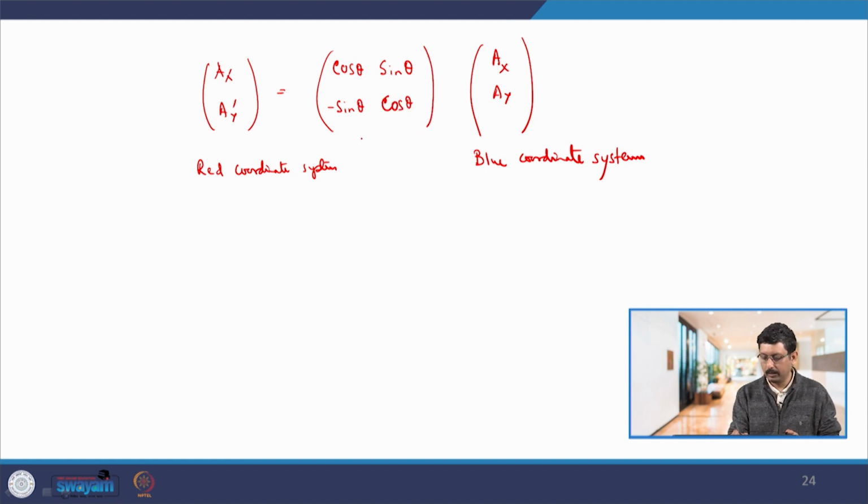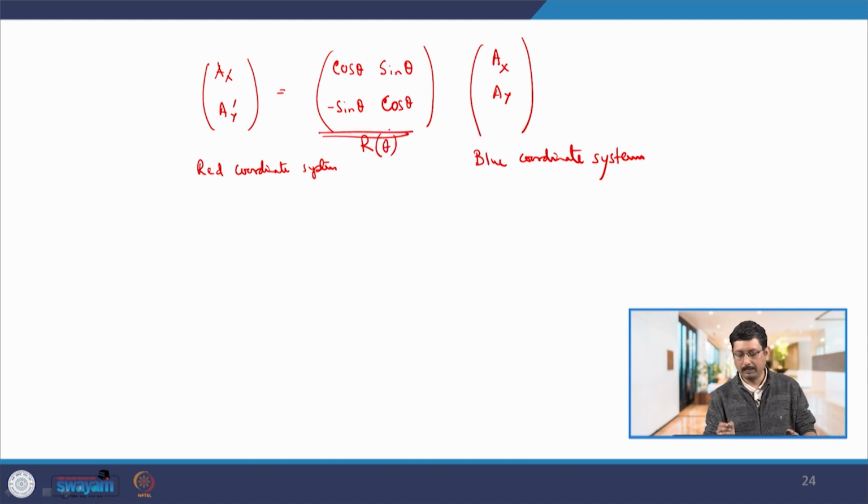So, I have to use the same rotation rule. I have to apply the same rule that you take these components in the blue coordinate system and multiply by this matrix, the same matrix.